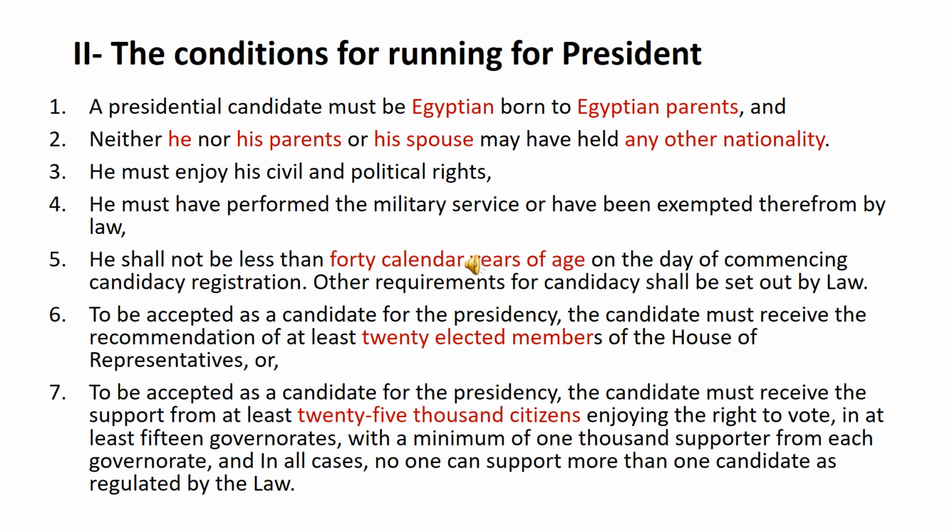Number two, neither he nor his parents or his spouse may have held any other nationality. So his parents or spouse also cannot have another nationality in addition to the Egyptian one. This condition is very important to be sure of the loyalty of this presidential candidate. Number three, he must enjoy his civil and political rights.